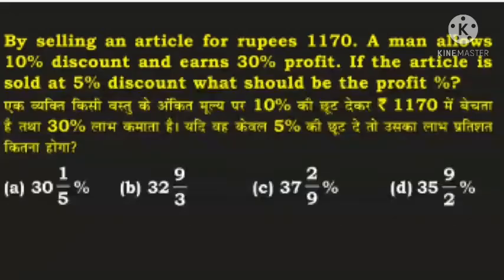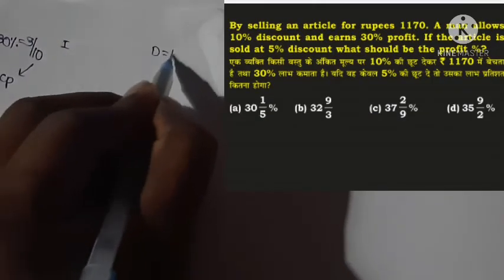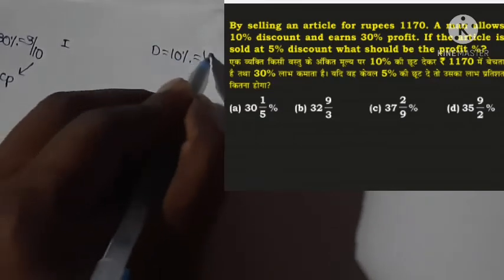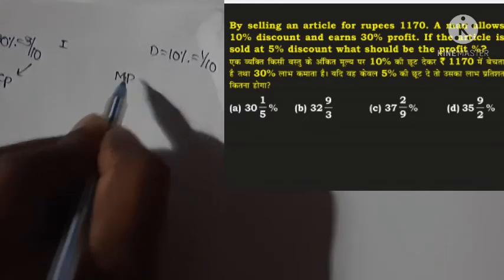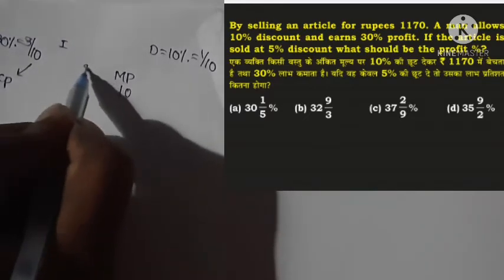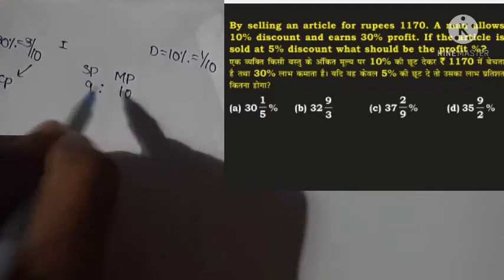By selling an article for rupees 1170, a man allows 10% discount and earns 30% profit. If the article is sold at 5% discount, what should be the profit percentage? So the discount is equal to 10%, which is 1 by 10. So the mark price is equal to 10 and the selling price is equal to 9.